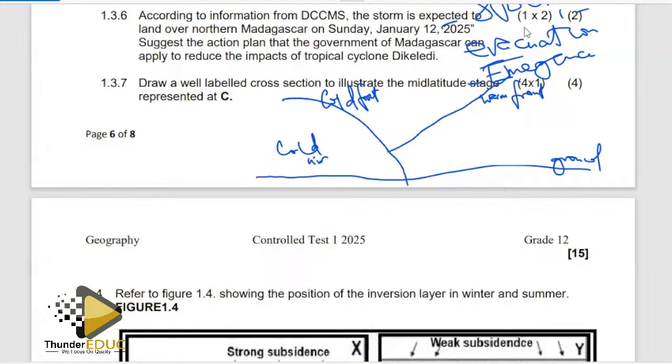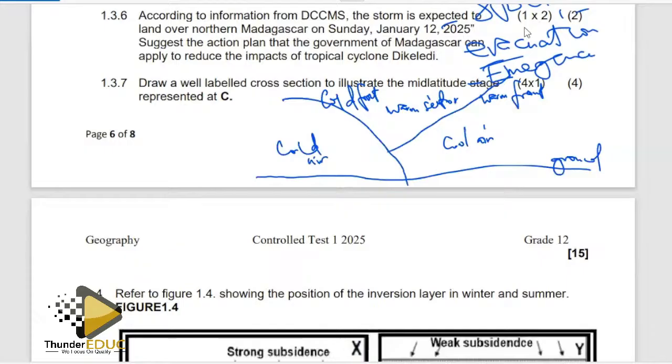And out of these two, we have cool air. And this is our warm sector. That is basically what you should illustrate.